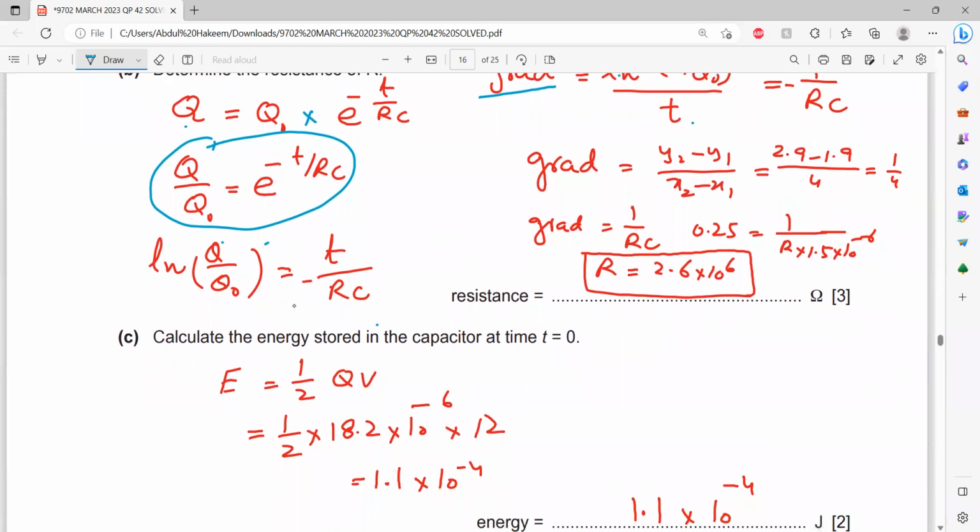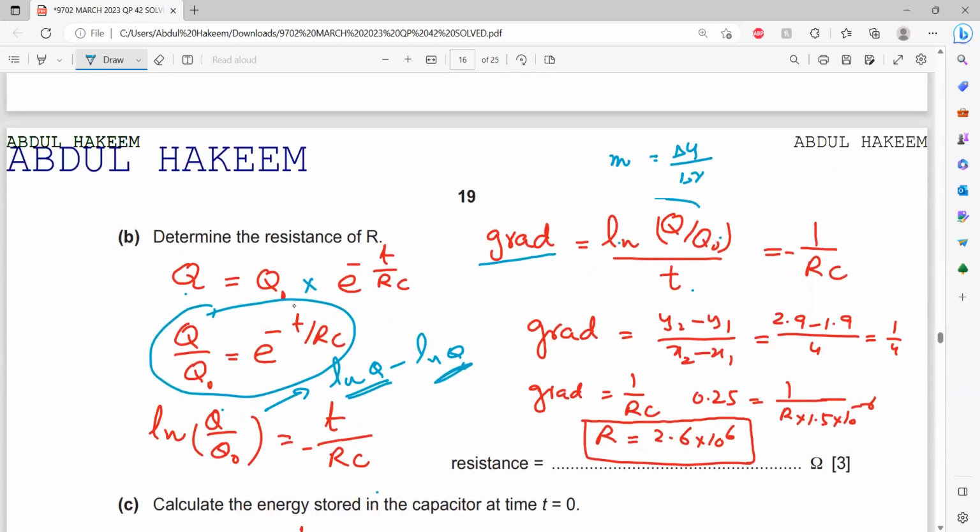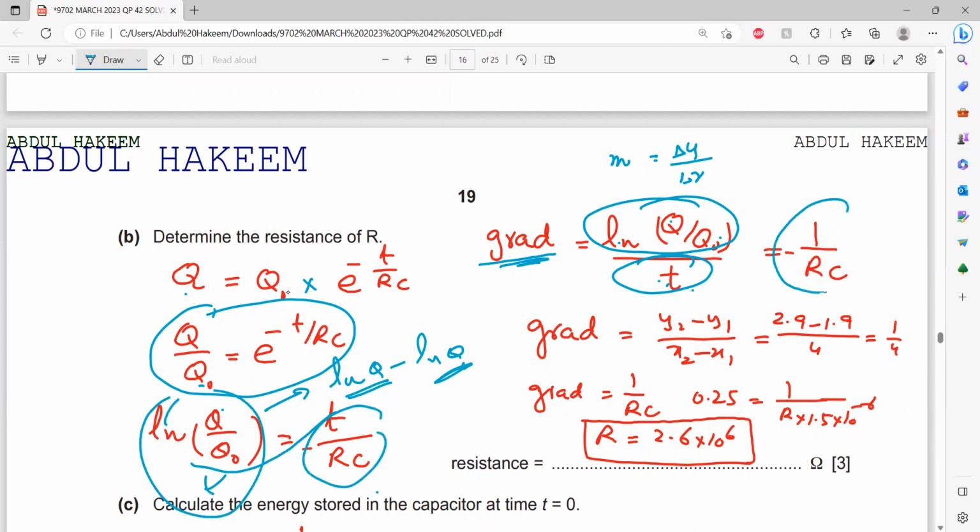Remember, this can be written as ln Q minus ln Q naught, meaning y2 minus y1, divided by x2 minus x1, the time. So when t comes over here, this whole thing becomes the gradient, and the remaining is minus 1 over RC. So minus 1 over RC is actually the gradient.